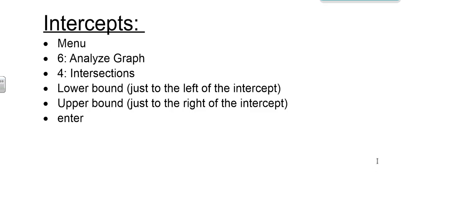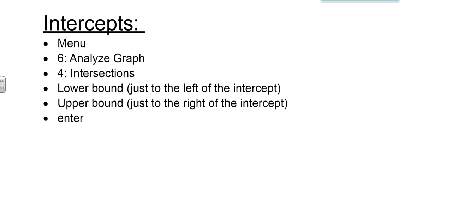Finally, it's going to ask for intercepts. So where does it intersect? To do this, you find the Menu, Analyze Graph, Intersection, Lower Bound. You hit that just left of the intersection, then Upper Bound just right of the intersection, and Enter.